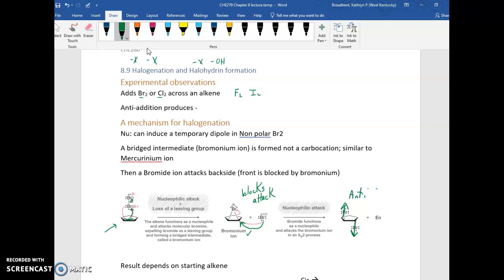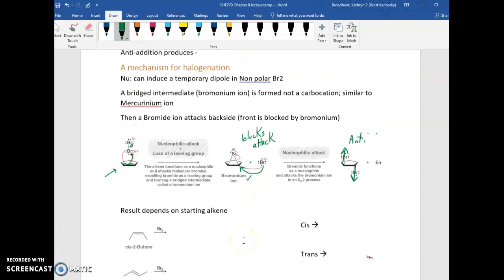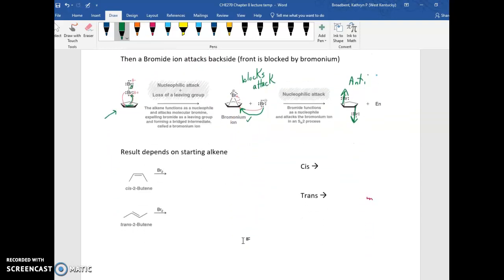The results of this reaction depend on the starting alkene. So if we start with a cis double bond, and we add one of our bromines up, the other bromine gets added as a dashed line away from us, and we have this.